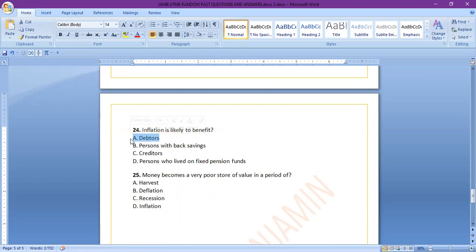Yeah, so the answer is A. A debtor is likely to benefit.